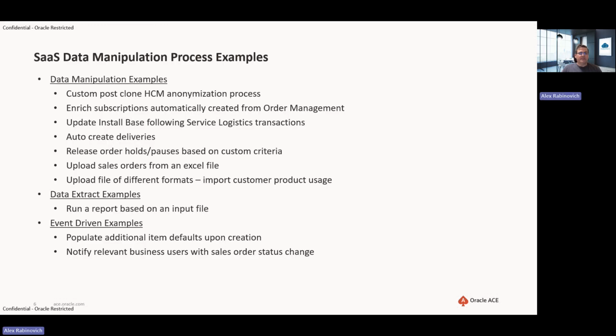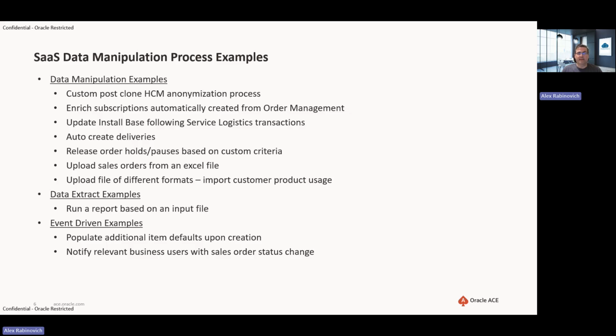So first of all, let's see a couple of examples that I prepared. As I said, you can look at examples and think about the case that you may need to implement in your organization. For example, the P2T process that we all have, that for HCM we'd like to create an anonymization process to change the data which is cloned from production.